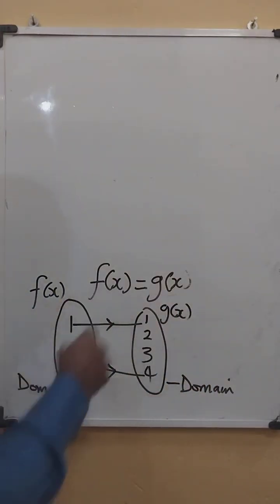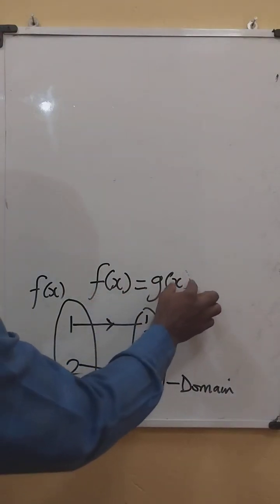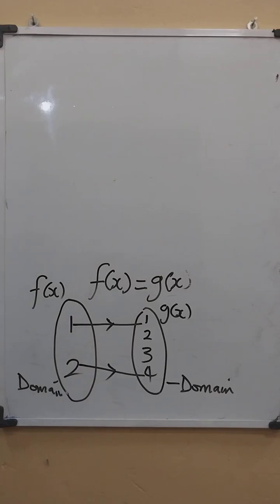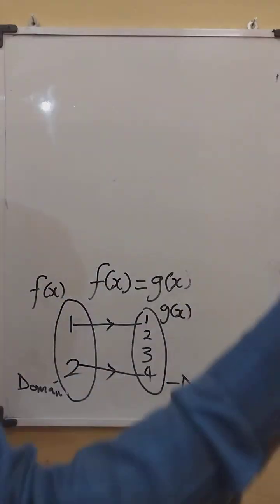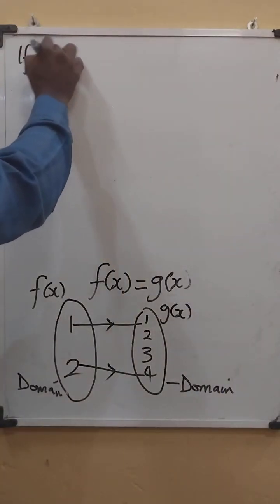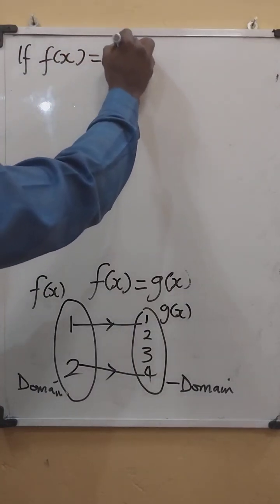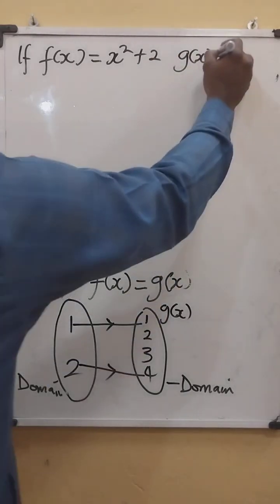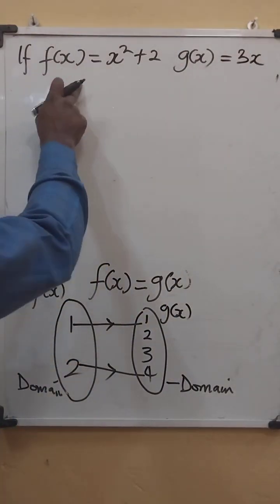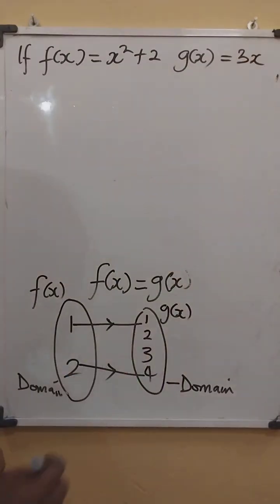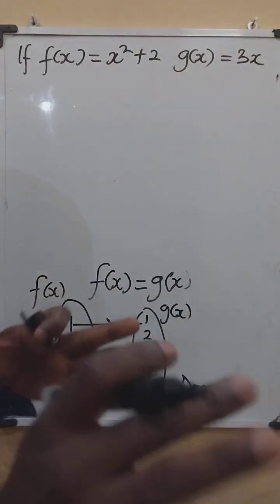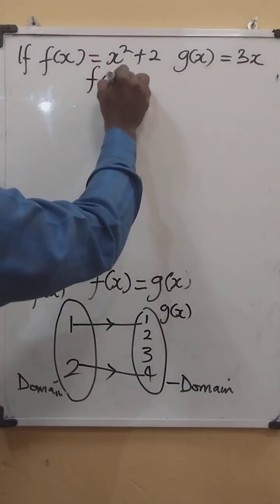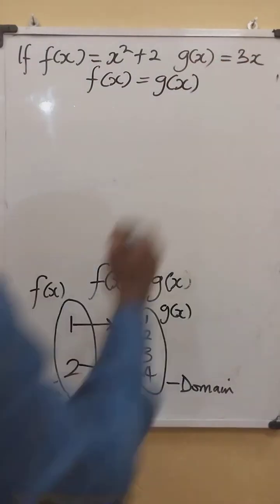So if we say that f of x is equal to g of x, for example, like we said yesterday, in respect to equal functions, if we have a function like f of x equal to x squared plus 2, and g of x equal to 3x, and you are telling me that in respect to equality of functions, f of x is equal to g of x, how do you prove this?